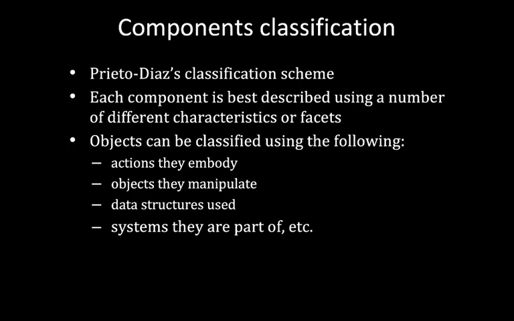Then there should be some searching mechanism. There should be a proper searching mechanism, then only can a component be found. Then there should be repository maintenance. We have already discussed this.